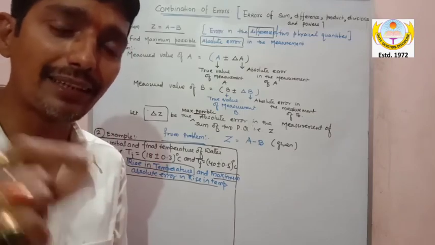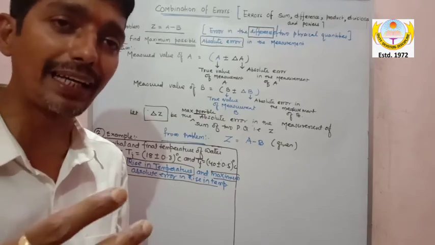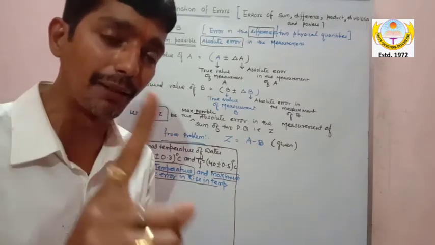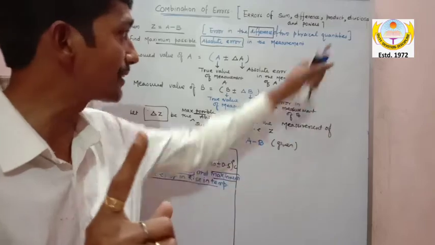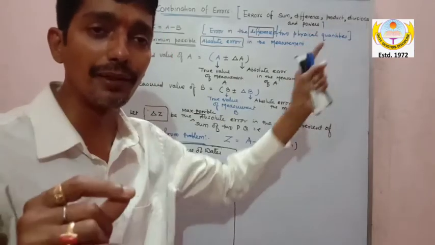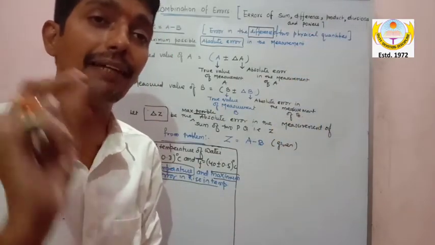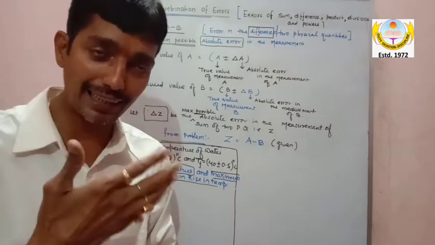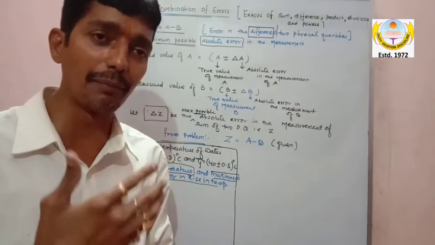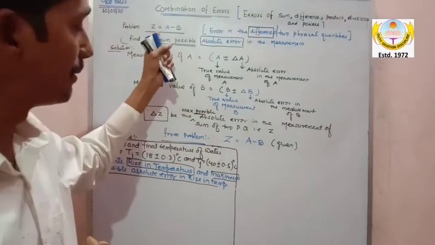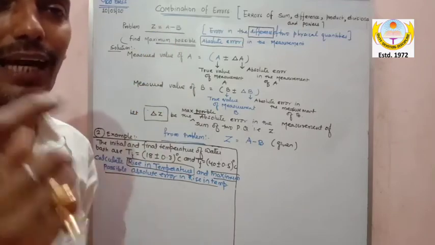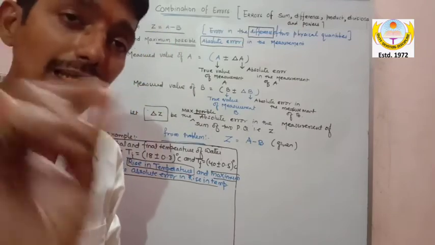So in product, division and power, we calculate the maximum relative error, because there is a relation with relative error. But in sum and differences, we calculate the maximum absolute error.